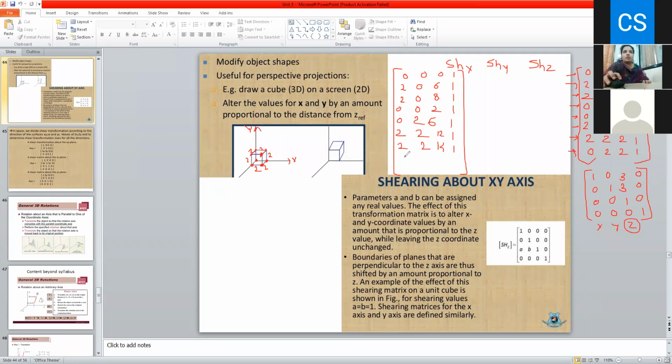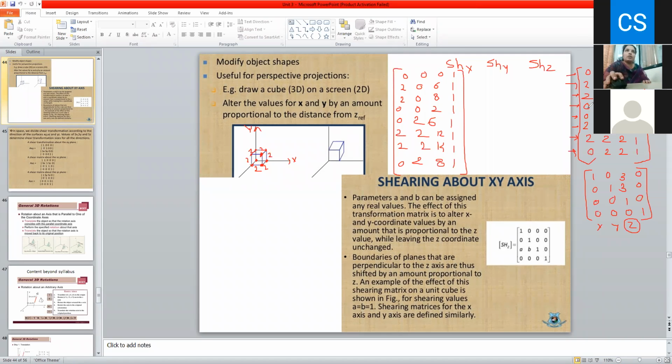And the last row, this into this is 0. Last row, second column is 2. Then the last row, third column is 6 plus 2, 8, and it is 1. So now if you see, the x and y coordinates are not going to change.